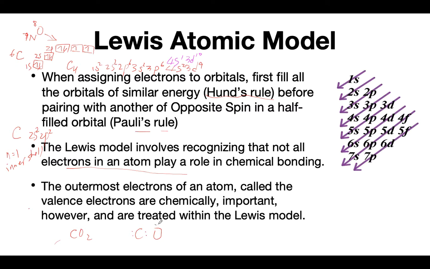So we will draw the oxygen like this, right? Carbon dioxide. This will be the Lewis model of carbon dioxide. Well, we should draw it another way. So carbon dioxide, let's draw this one.